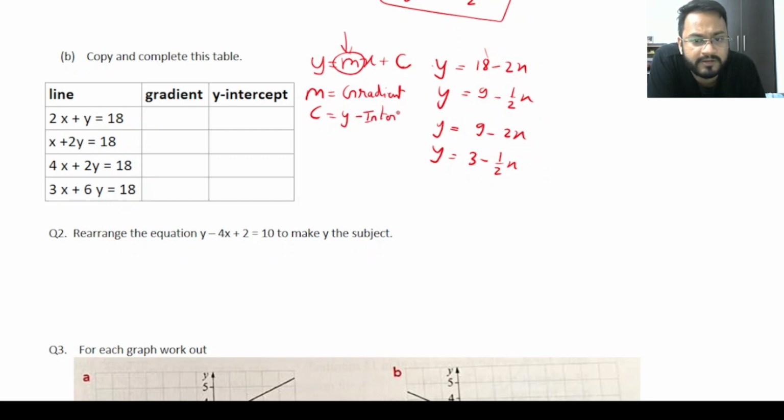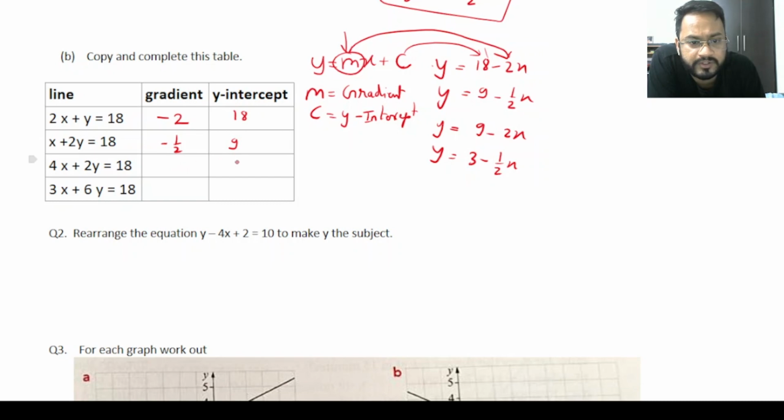That means the point where it cuts the y-axis is the y-intercept. Now here, m is minus 2. So the gradient is minus 2 for the first equation, and 18 is c. So c is 18, right? Similarly, for the next equation, this will become minus 1 by 2, and this will become 9.